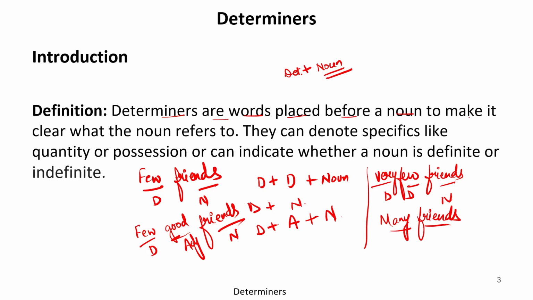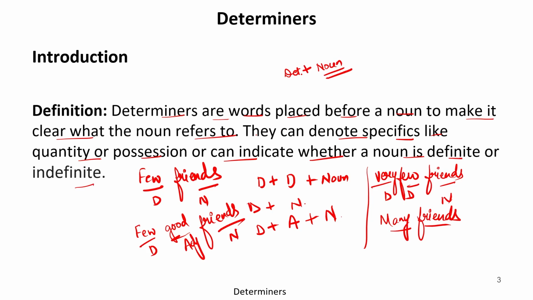Now, to make it clear what the noun refers to, it means what exactly this noun refers to is determined by the determiners. Determiners are actually the determining words, the words which are specifying or non-specifying a noun. They can denote specifics like quantity or possession, or can indicate whether a noun is definite or indefinite.